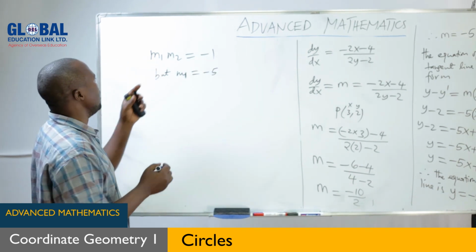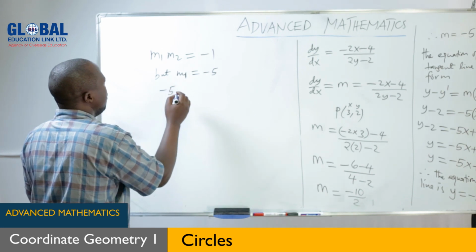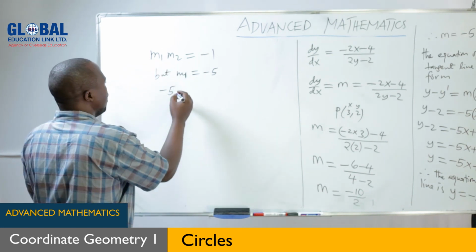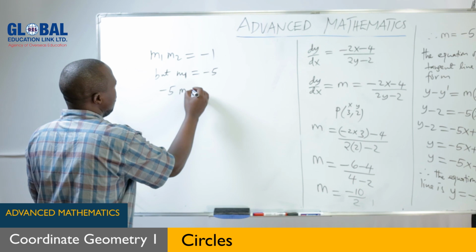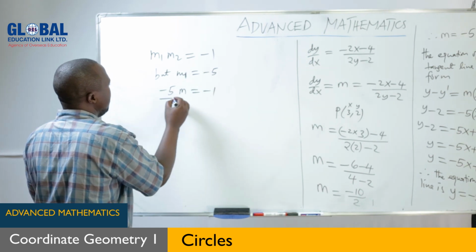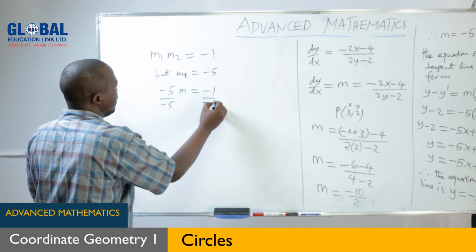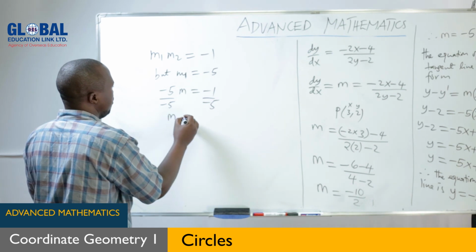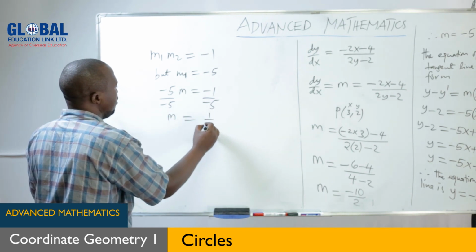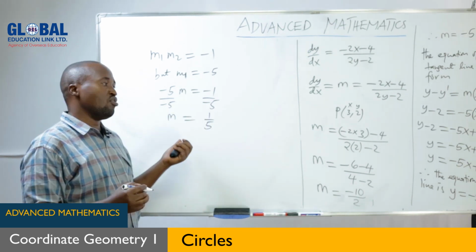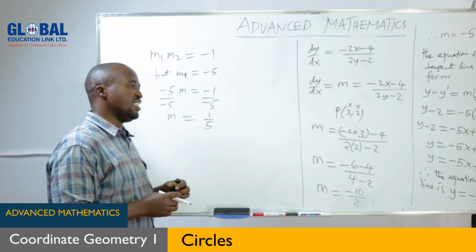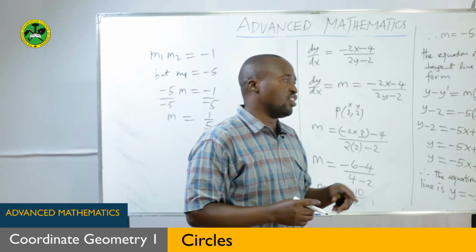So we substitute here, that is negative 5. m2, we are looking for m2, call it m, which is equal to negative 1. So divide by negative 5 on both sides. So m will be equal to 1 over 5. So now we have the slope that is going to help us to find the equation of the normal.